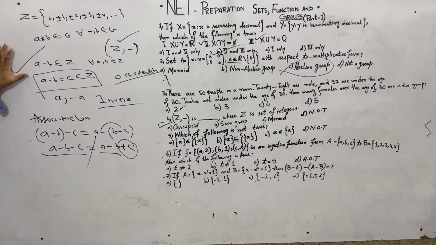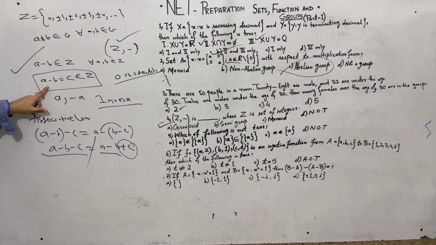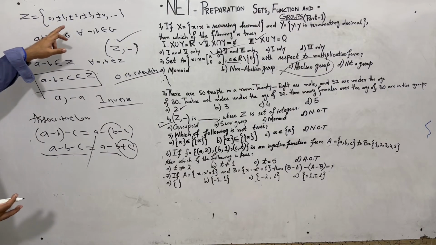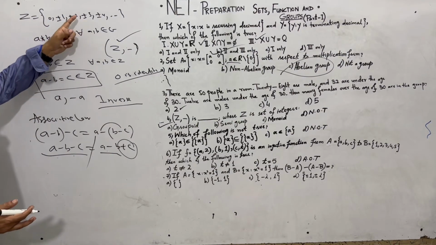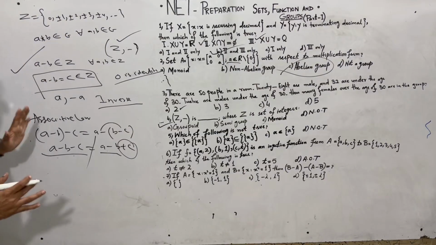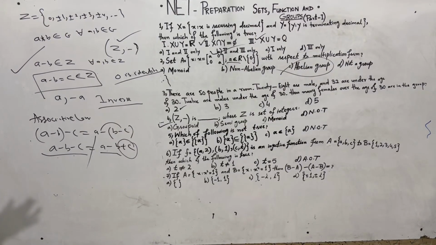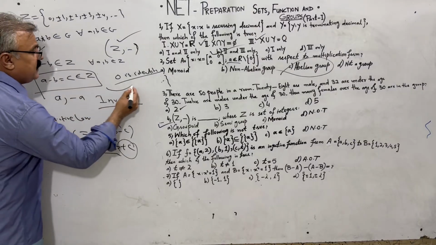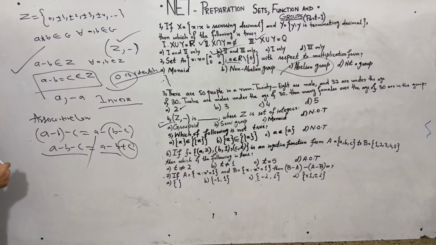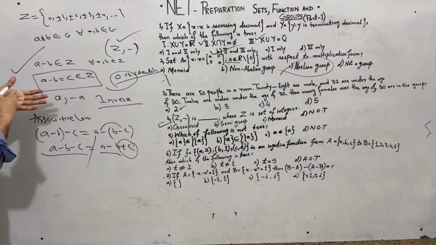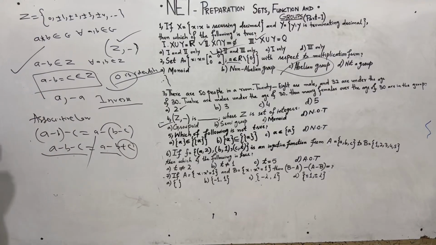It is closed under subtraction: if we subtract any two integers, we get another integer. For every integer, we have its additive inverse: minus 2, plus 2; minus 3, plus 3. What about identity? 0 is the identity under addition as well as subtraction. If we add or subtract 0 from any number, we still get the same number.